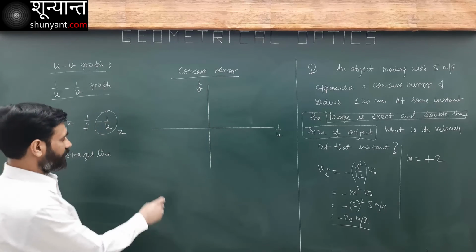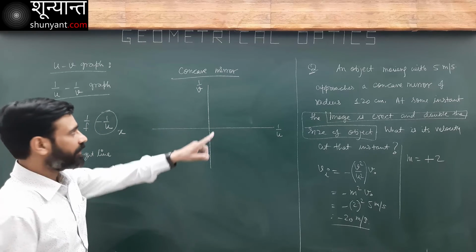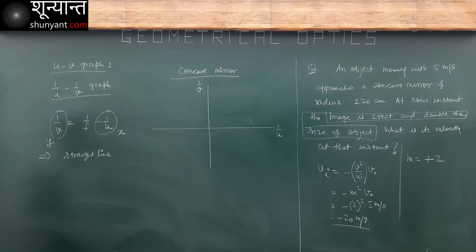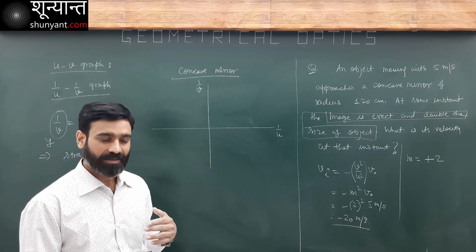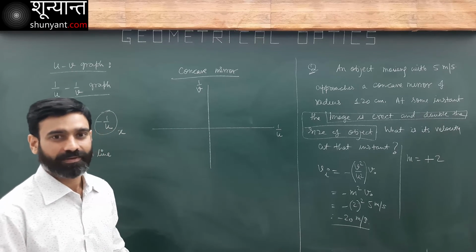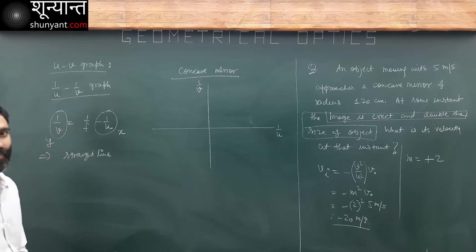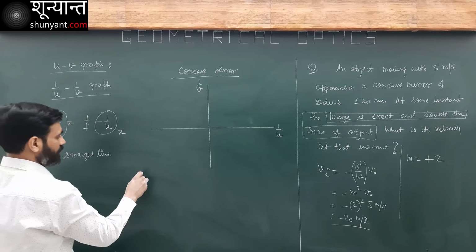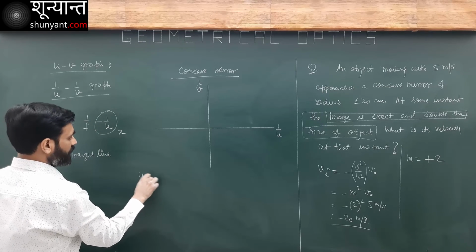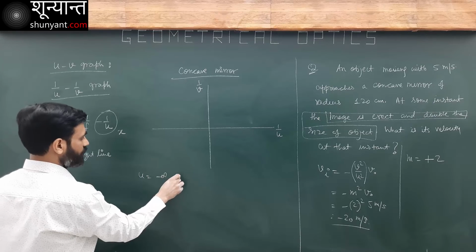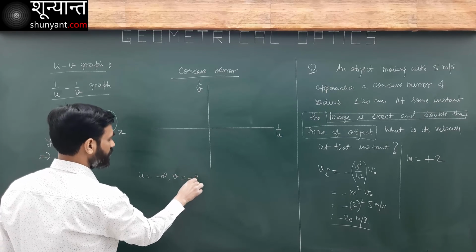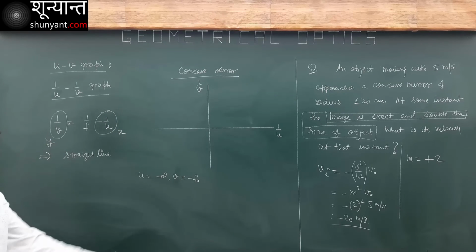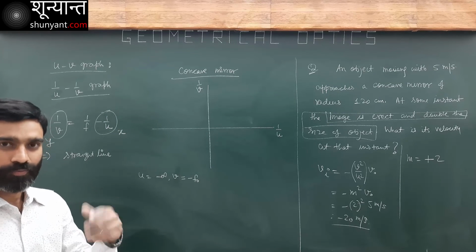I know that the graph is going to be a straight line. I just need to find any 2 points, so let's take some standard points. When u is minus infinity, v is going to be minus f naught, where f naught is the magnitude of the focal length.